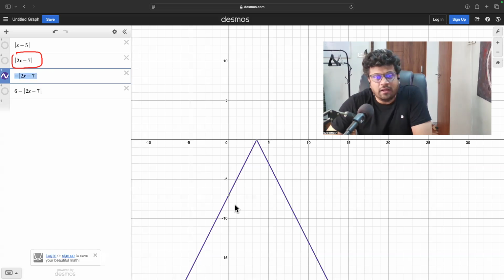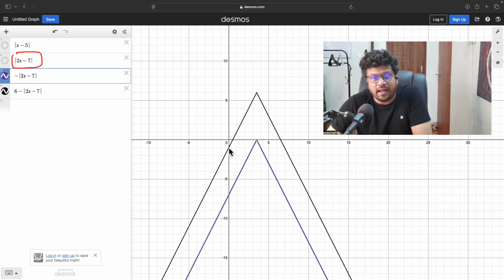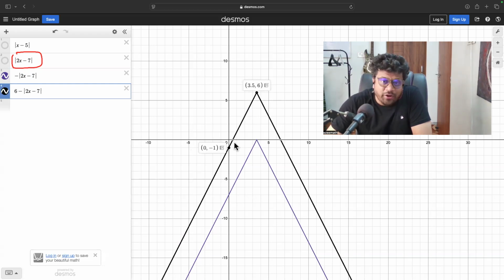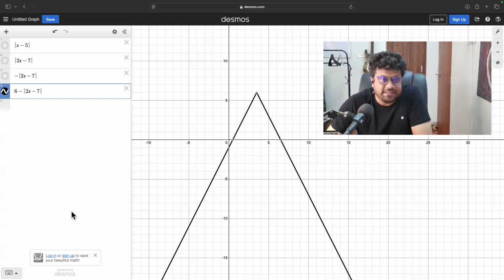Add a 6 to it, and you'll find it at 0 comma minus 1. And yes, look at that, 0 comma minus 1. Now these 2 points, 0 comma minus 1 and the vertex 3.5 comma 6, should be good enough for you to get the left arm of this linear mod. And of course, the right arm would be a reflection of it. So there it is, the sketch for 6 minus mod of 2x minus 7.